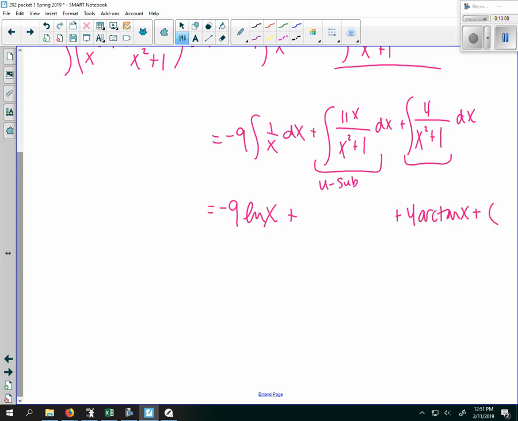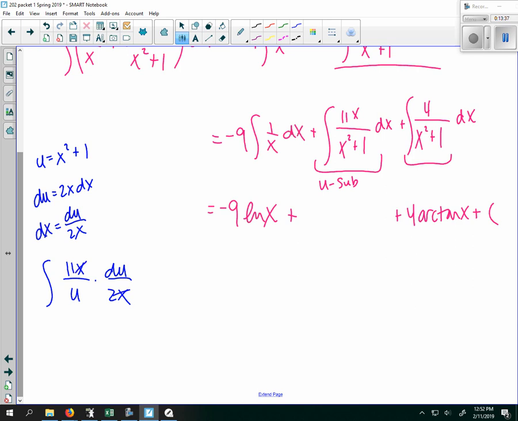Okay, so to get this one in the middle, I have to do a quick u sub. So I'll go over to the side here and do that. So I get u is x squared plus 1, which means du is 2x dx, which means that dx is du over 2x. So this is the integral of 11x over u times du over 2x. The x's cancel.